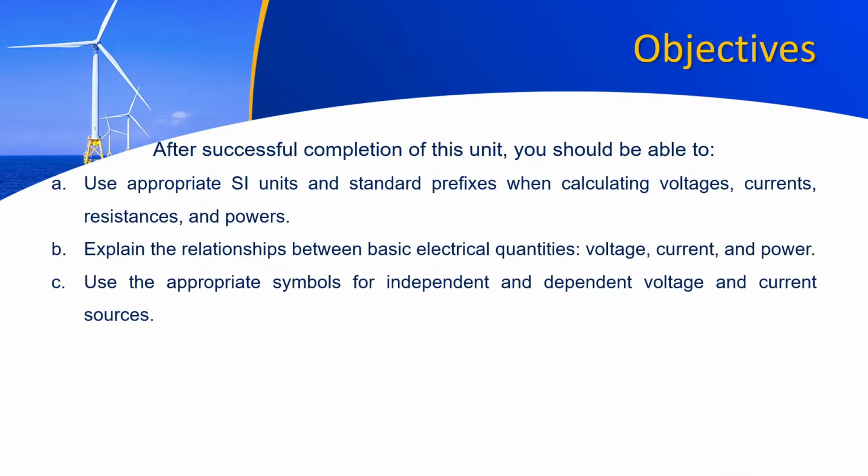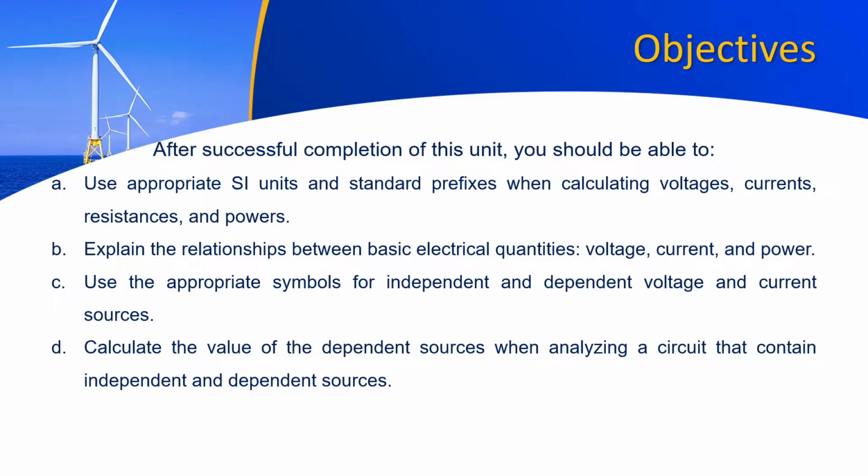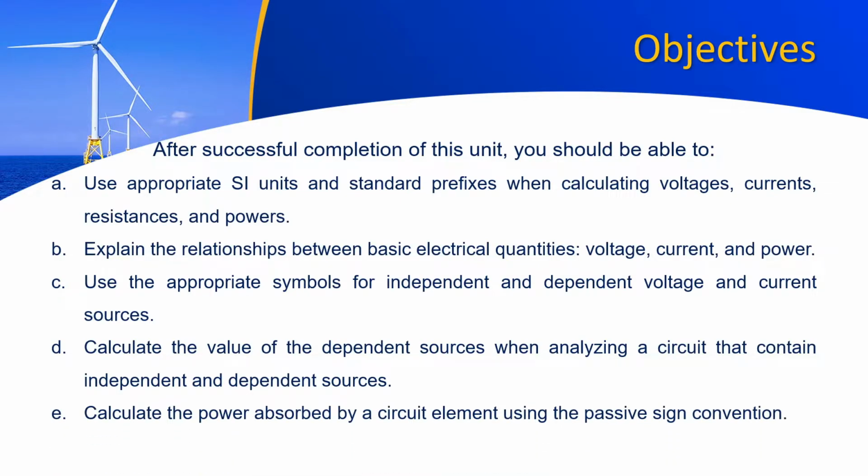Use the appropriate symbols for independent and dependent voltage and current sources. Calculate the value of the dependent sources when analyzing a circuit that contain independent and dependent sources. And last, calculate the power absorbed by a circuit element using the passive sign convention.